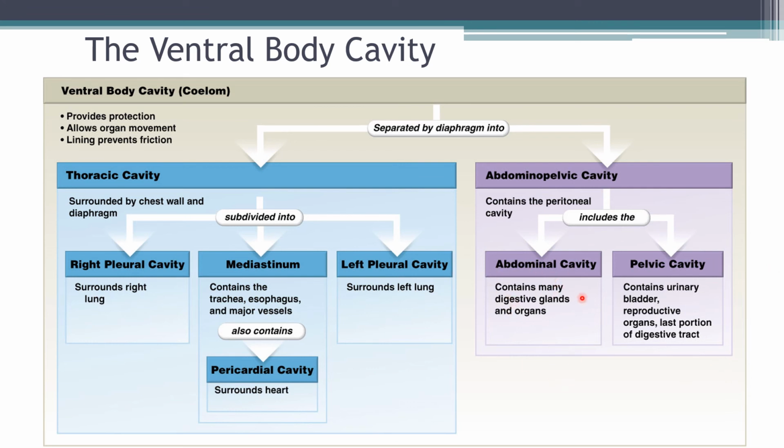The abdominal cavity contains many organs and glands, and then the pelvic cavity contains the urinary bladder, reproductive organs, and, though I did mention it, the last sections of the digestive tract, like the rectum. Okay? But this is just another way to look at the same thing, and I know for some of you this might be helpful.